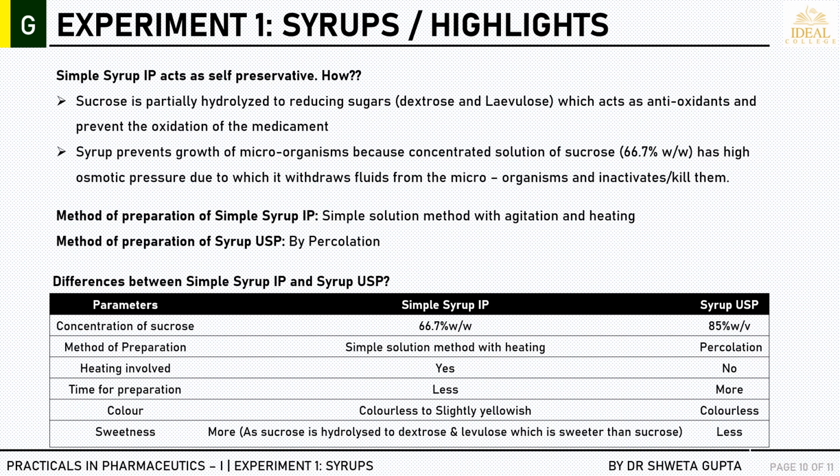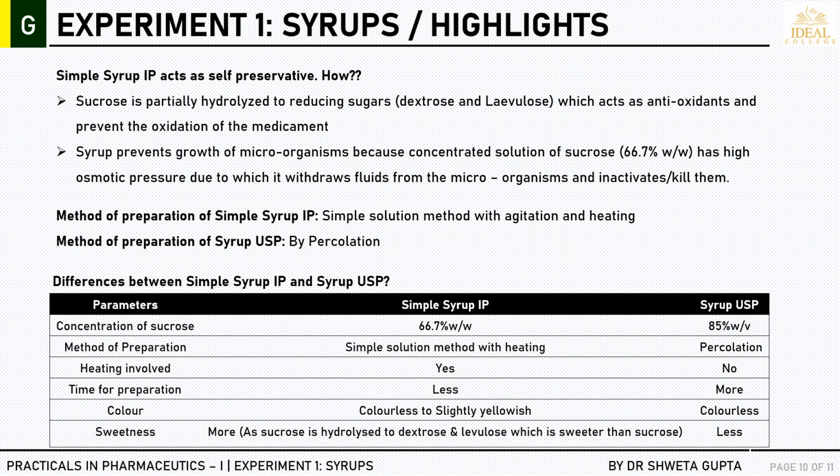If we see the method of preparation, simple syrup IP is prepared by simple solution method with the aid of heat, while syrup USP is prepared by percolation method. Heating is involved in simple syrup IP, hence it is a hot process, while no heating is involved in the preparation of syrup USP, it's a cold process.